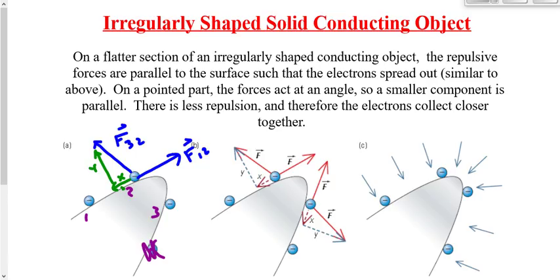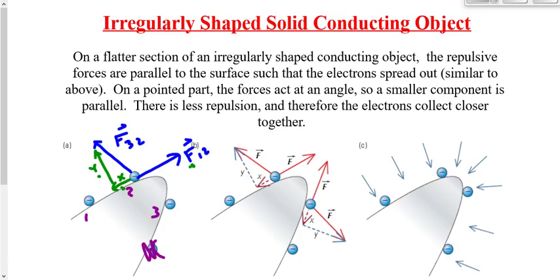So what's going to happen to that electron as a result of those two forces? It's going to get pushed as a result of Y to the outer surface. It's going to get pushed as a result of F12 towards the tip. At some point, those two forces, the X component and F12, will end up balancing each other. As we get further away from charge 1, F12 gets smaller, right?